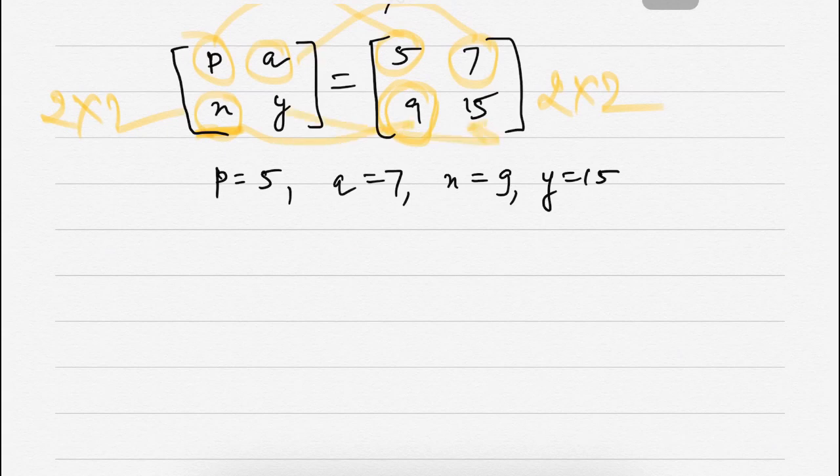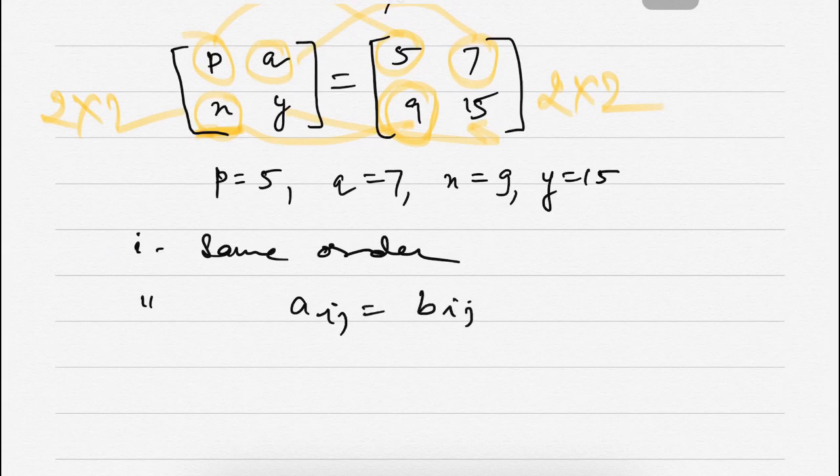Similarly, Y will be equal to 15. So two matrices will be equal provided the first condition is that they should be of the same order. Second, Aij equal to Bij means the corresponding elements of the first matrix should be equal to the corresponding elements of the second matrix.